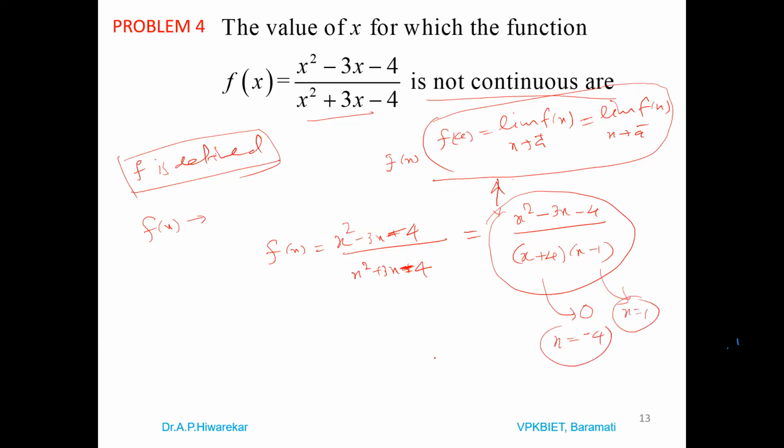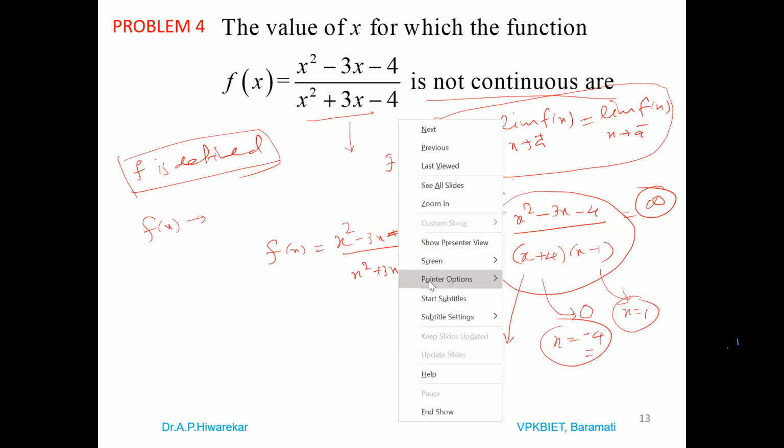When the denominator is 0, you get this quantity as infinity, which means the function is not defined. When I substitute x as minus 4, the denominator becomes 0, so the function is not defined. When I substitute x as 1, the denominator becomes 0, so the function is not defined. So the function is not continuous when it is not defined.